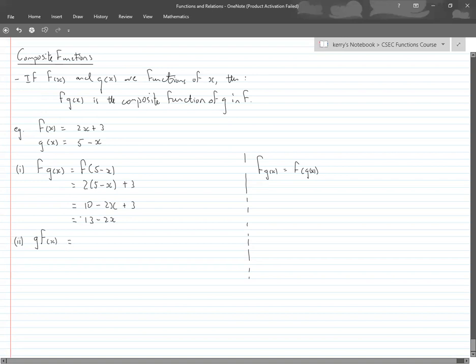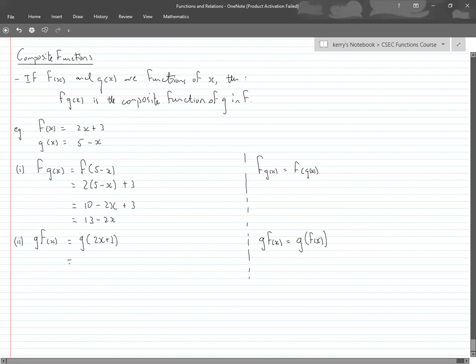So g of f of x. Again, if we just put it to the side here to see it a little better, g of f of x means that in the function g, you are substituting the function f of x. So f of x is the input to g in this case. So it will be g of f of x, where f of x is 2x plus 3.